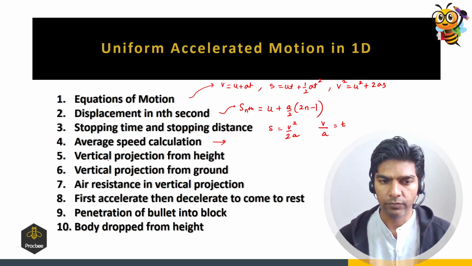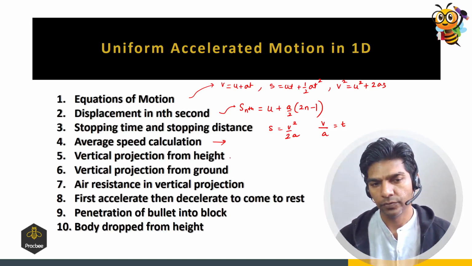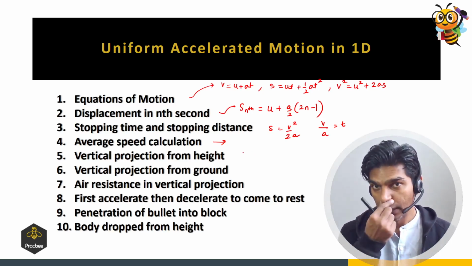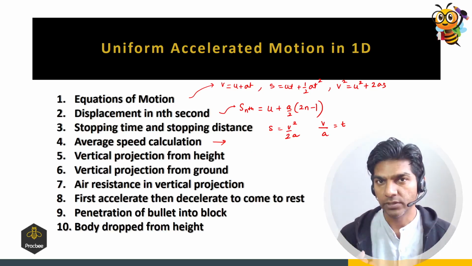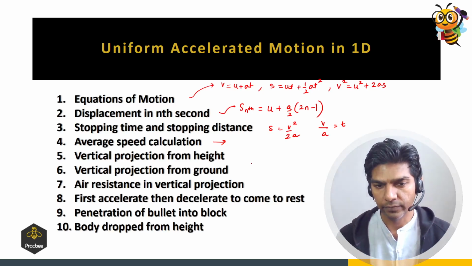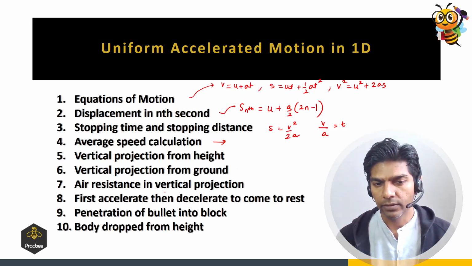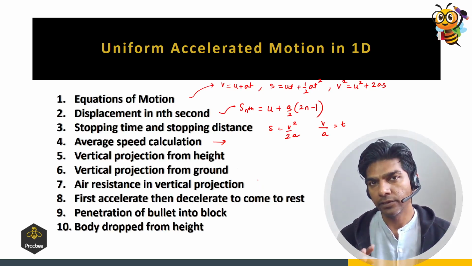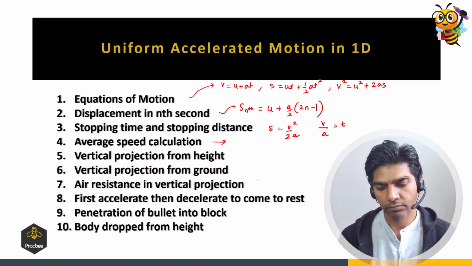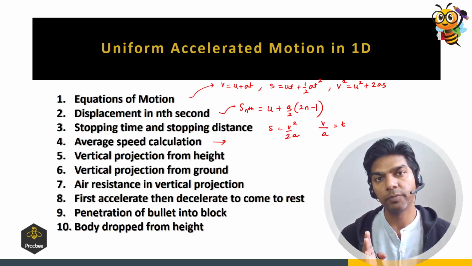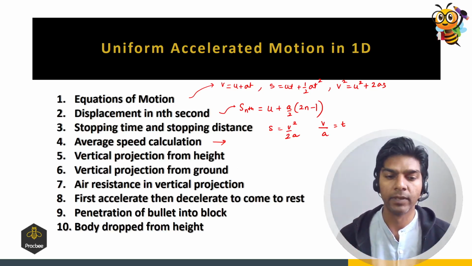And then we have vertical projection from the height. So if you are projecting something from the height in the upward direction, and you take downward as positive, then the initial velocity will be negative. Then vertical projection from the ground, then air resistance in the vertical projection. If we have air resistance, the acceleration when the particle is ascending will be different than when the particle is descending.